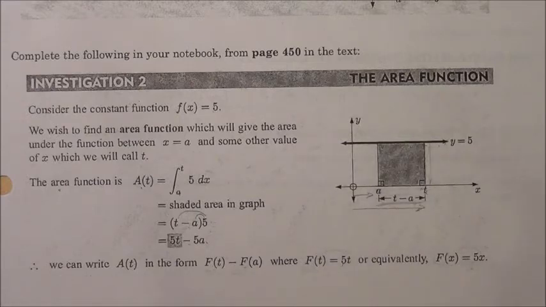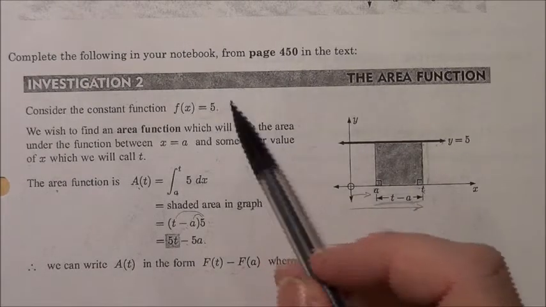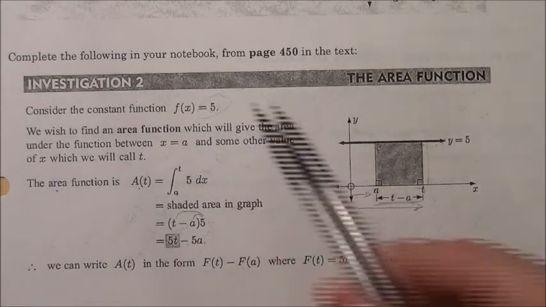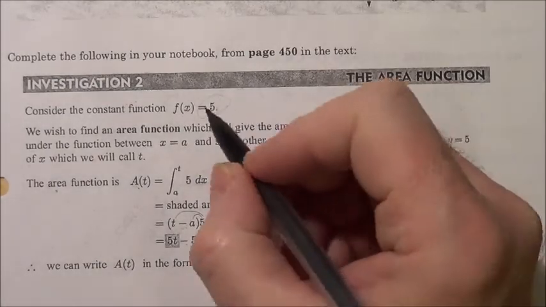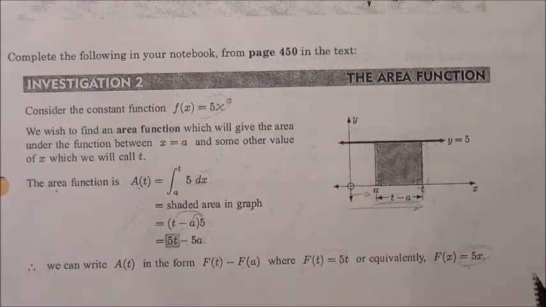When we increase the power of x, notice here that we end up with 5x where we just started with 5. Well, this 5 here is actually 5x to the power 0. And this 5x down here is 5x to the power 1.